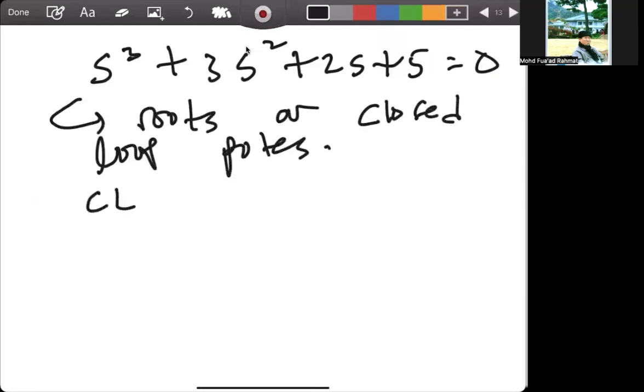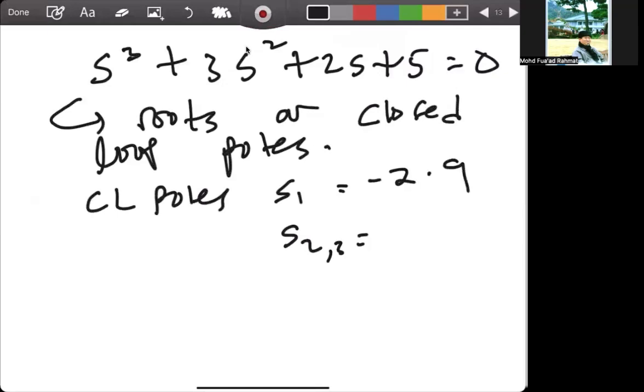So the closed loop poles s1, s2 and s3 are minus 2.9 and minus 0.05 plus minus j1.31.